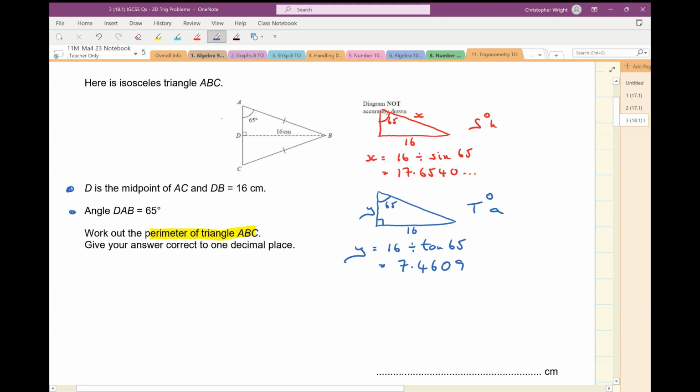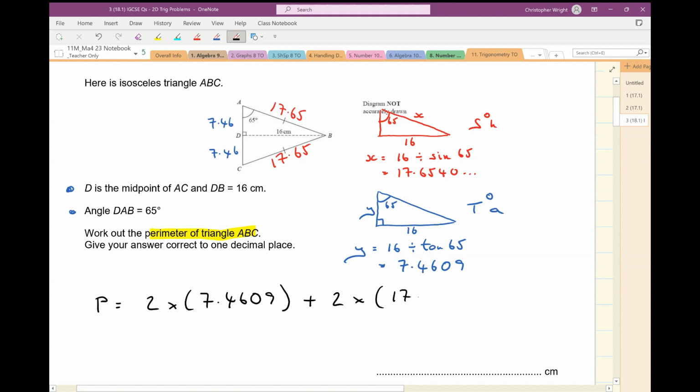Okay, let's label the diagram here with the lengths I've found. So I've discovered that this length here is 7.46, this length here is 7.46, and the length of both of those sides, which I did in red, is 17.65 and 17.65. So the perimeter of the triangle is going to be 2 times 7.4609 plus twice 17.6540.